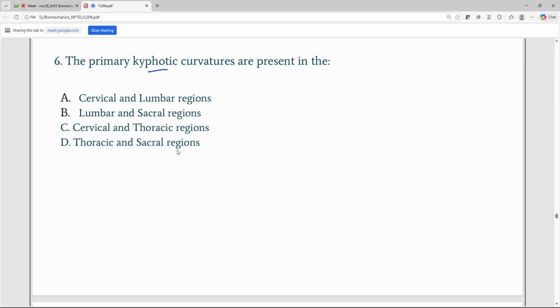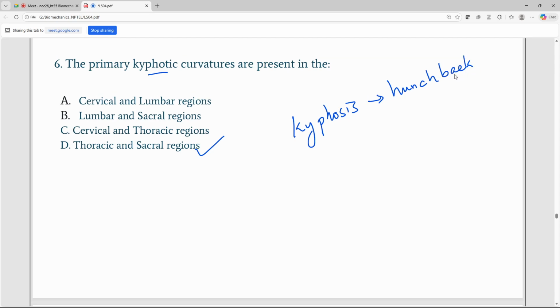The answer is option D, that is thoracic and sacral regions. If anyone is wondering what kyphotic is, it is from kyphosis, which in layman's language is called hunchback, the rounded back issue you might have seen. In anatomical terms it is known as kyphosis. There are two major curvatures or deformations that can happen to a spine.